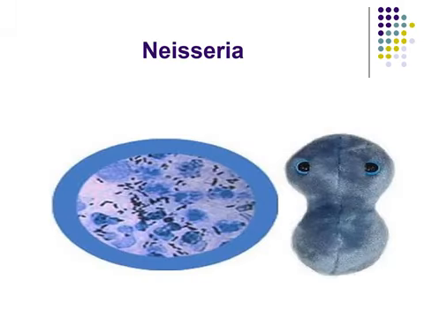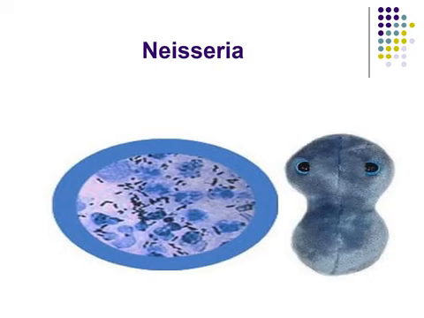Firstly, I'm going to talk about Neisseria. As we know, Neisseria are gram-negative diplococci that contain many commensals, some of them harmless, inhabiting the upper respiratory tract and alimentary tract.